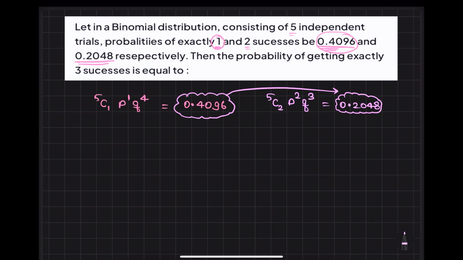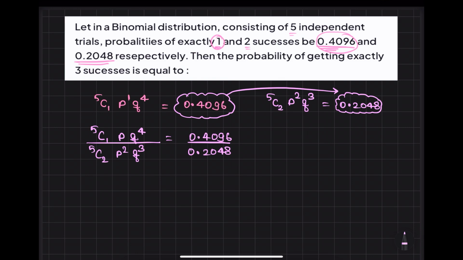So what I will do, I will be writing 5C1 p q power 4 equals 0.4096 upon 5C2 p square q power 3 upon 0.2048. Now you can simplify things. So who is 5C1?